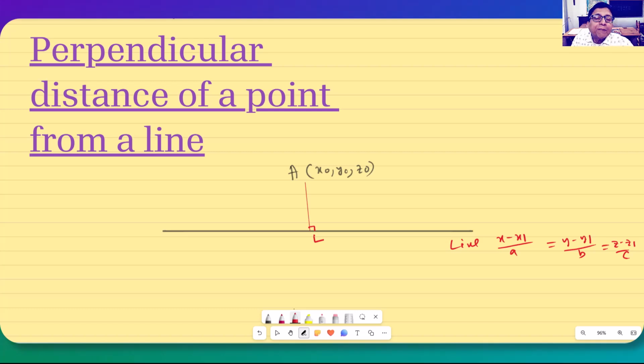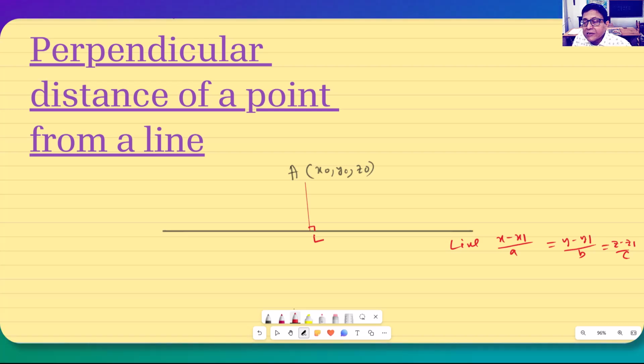The concept is very simple. To get the perpendicular distance AL, we need to find this point L first. There is a point on this line such that if we join A to L, the line segment AL will be perpendicular to the given line.